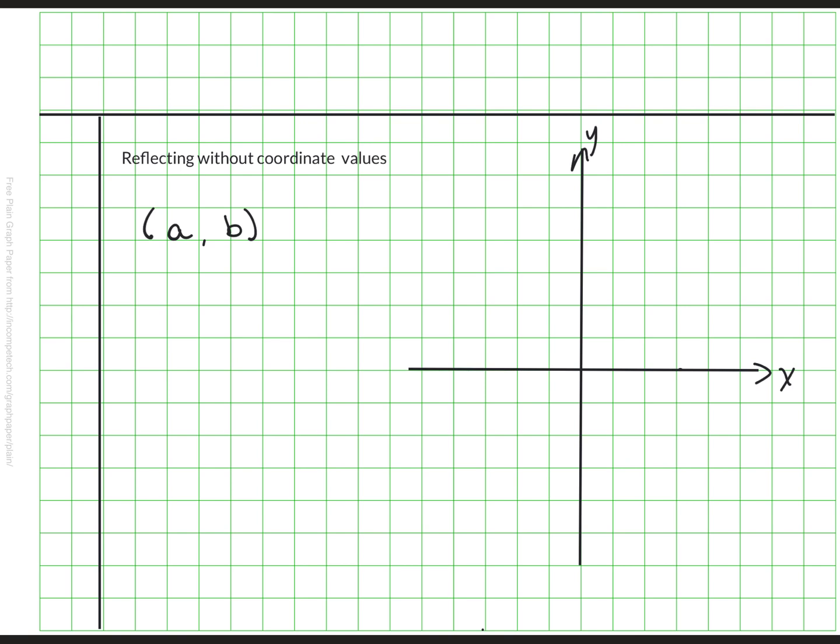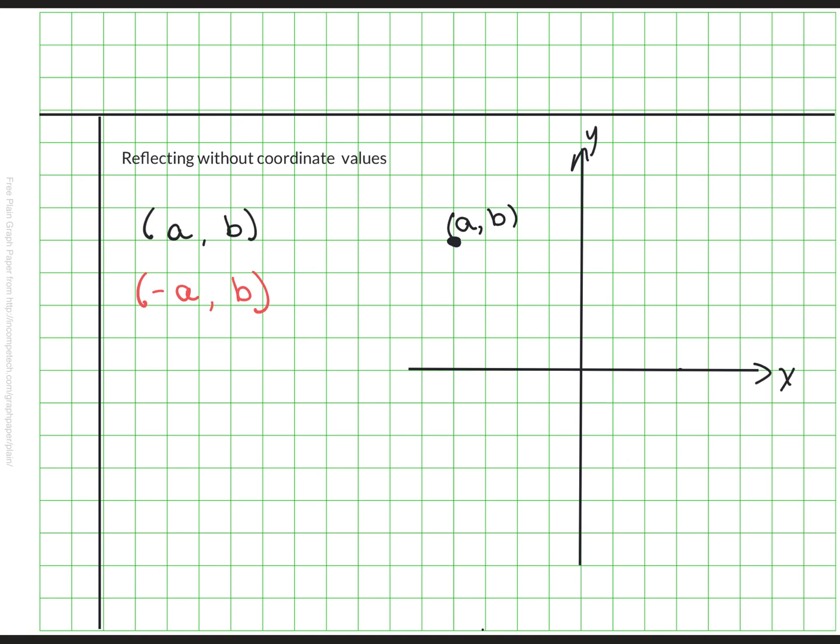To make sure we really understand reflecting coordinate values, sometimes we look at it without any numbers. So I have substituted the letters A and B to represent some coordinate. We'll go ahead and put this in quadrant 2.